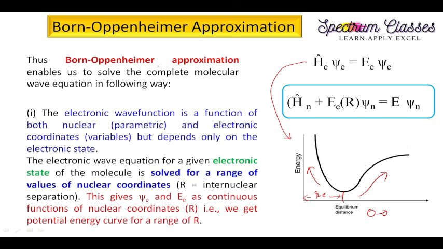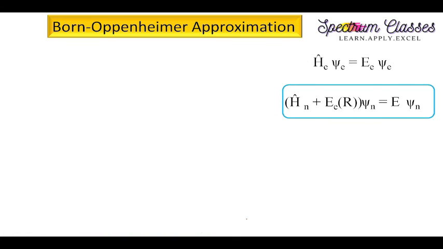And this is a continuous function of nuclear coordinates. That is why we have this type of curve. We get a potential energy curve for a range of R, so here we are changing R. This is the crux of this part.